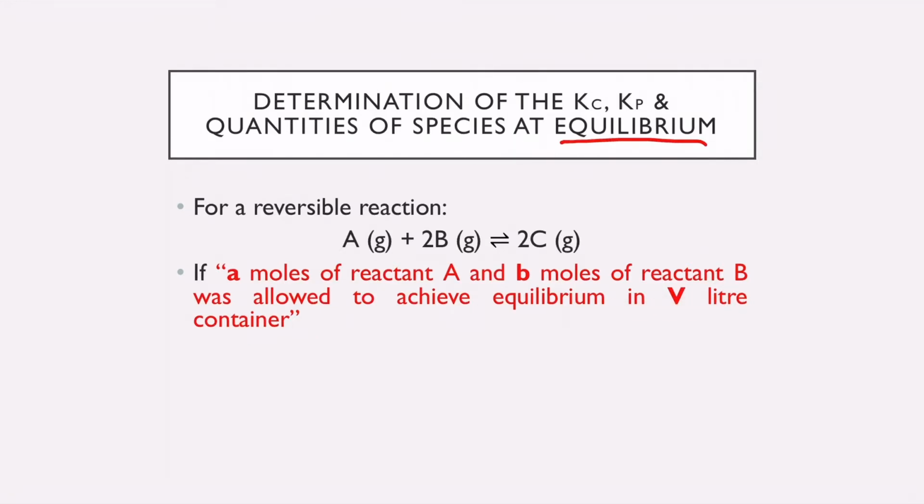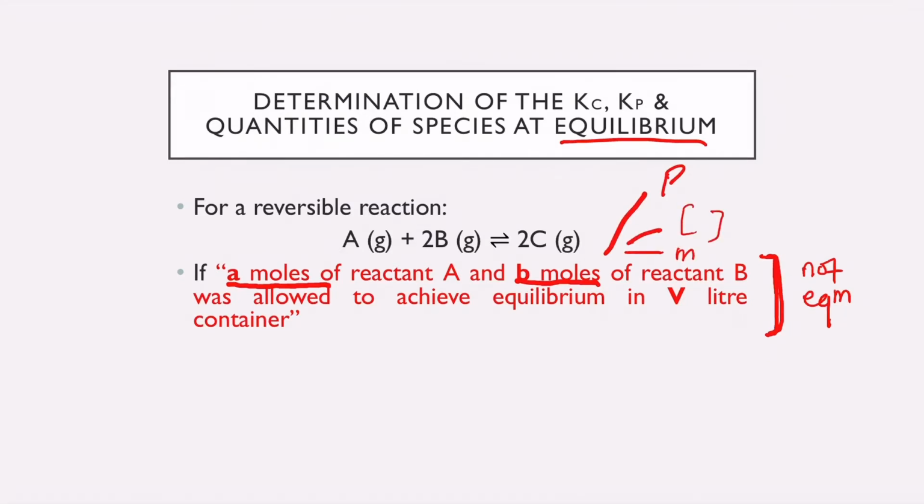So this kind of sentence, this is not information at equilibrium. Be alert that it could be ni moles. It can be pressure, it can be concentration, it can be mass.